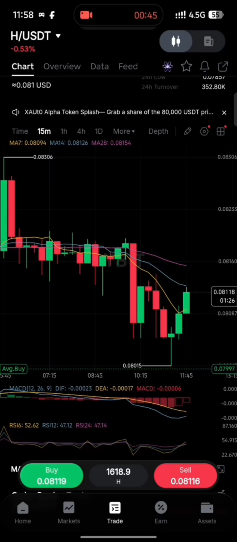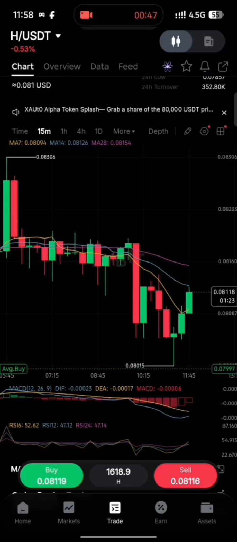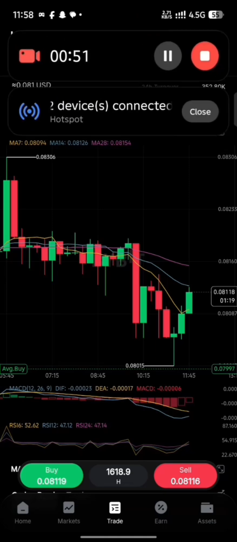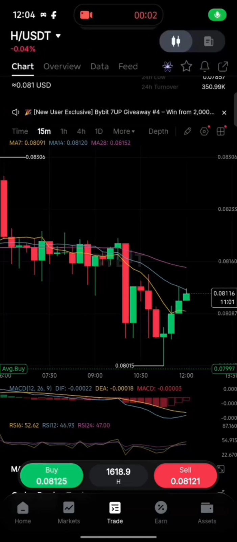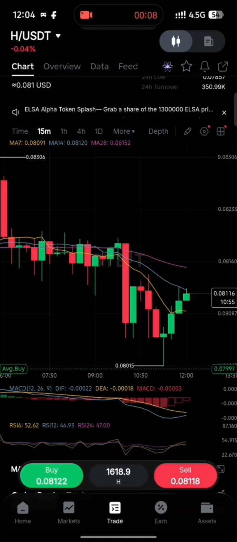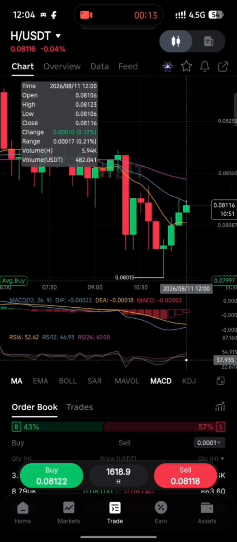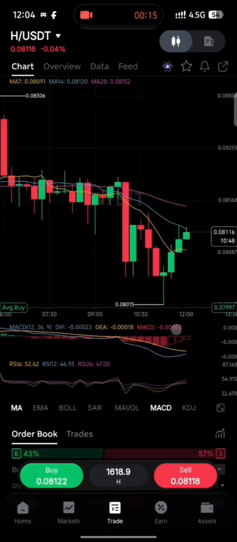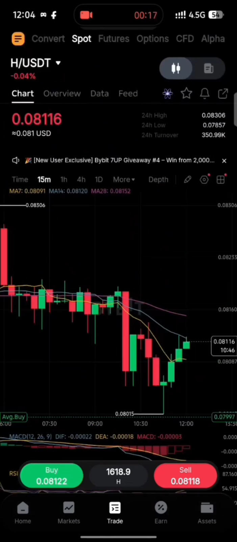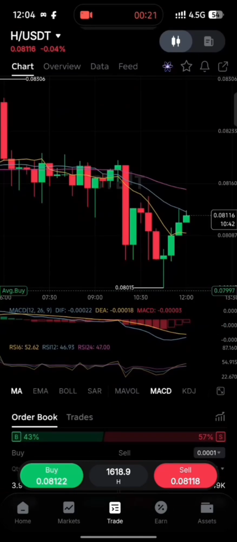So one of the strategies in making a lot of profit with crypto is that you must start with some reasonable volume of money. You can see the candles are adding up. 50 USD is fine, and 60 USD, the same thing as I just did, is fine as well. You can see down here the MACD indicator.